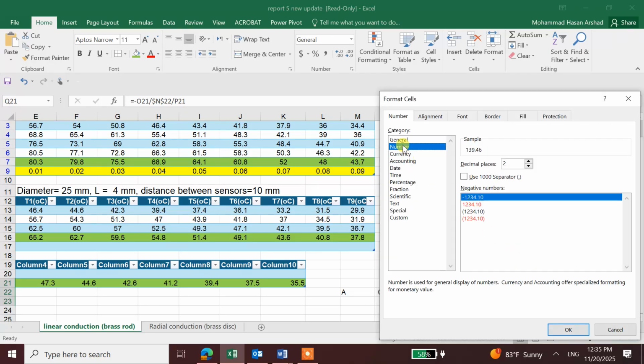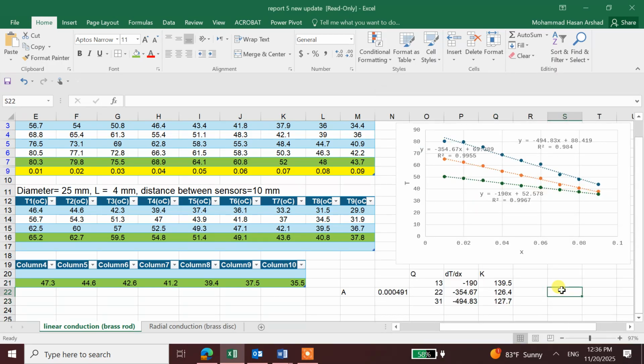So maybe up to 1 digit. Okay. So this is the k value using axial conduction. So you have three values here. Okay, is this fine?